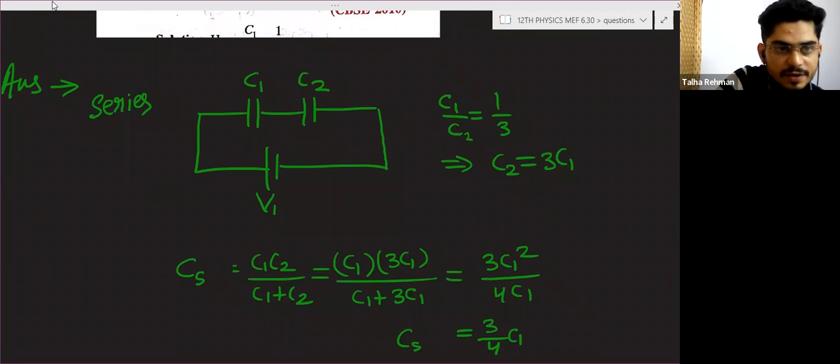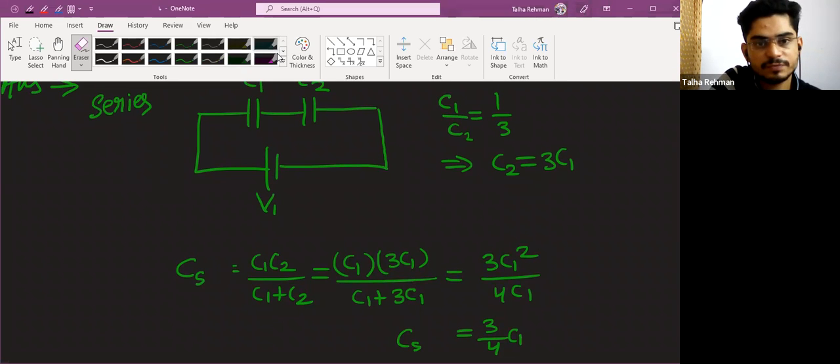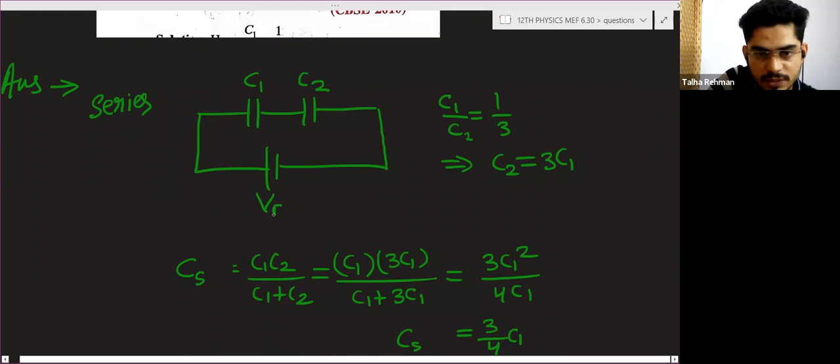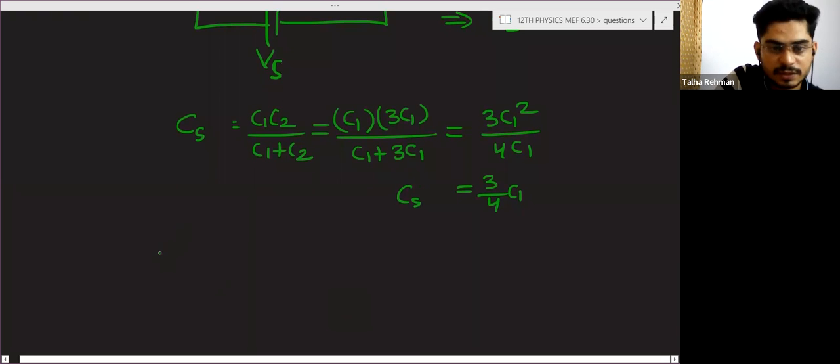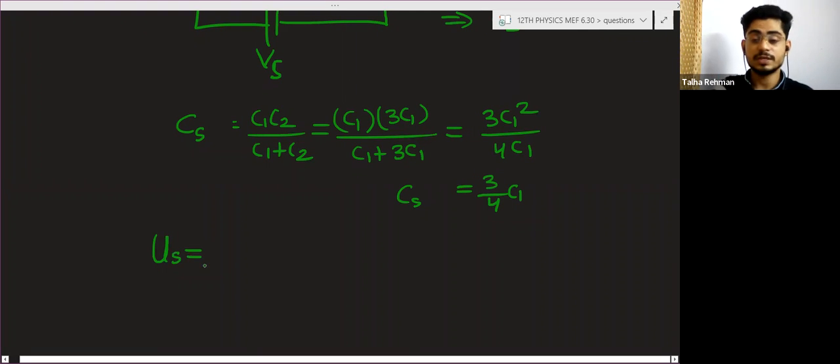I am representing V1 with Vs because it will be easy for you. This is the potential, we are applying the voltage Vs in series. And now calculate the energy in series.